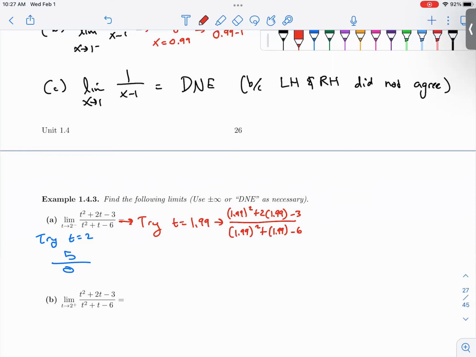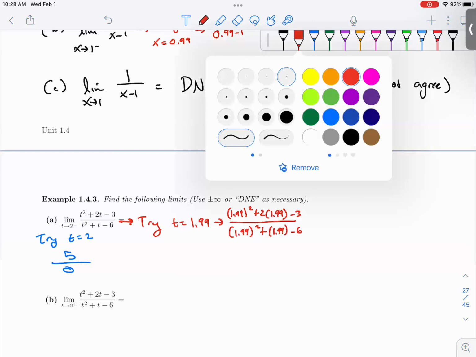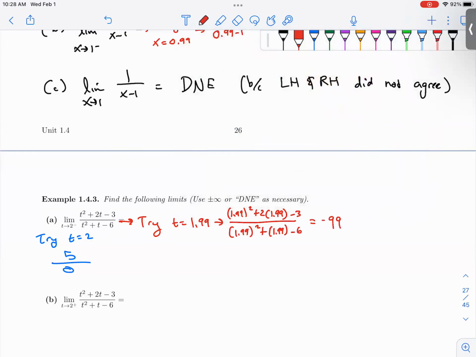So 1.99 squared plus 2 times 1.99 minus 3 all over 1.99 squared plus 1.99 minus 6. And you get negative 99, right? Does everyone get the same thing? So I get negative 99, which is a negative. So the answer is that this is equal to negative infinity.